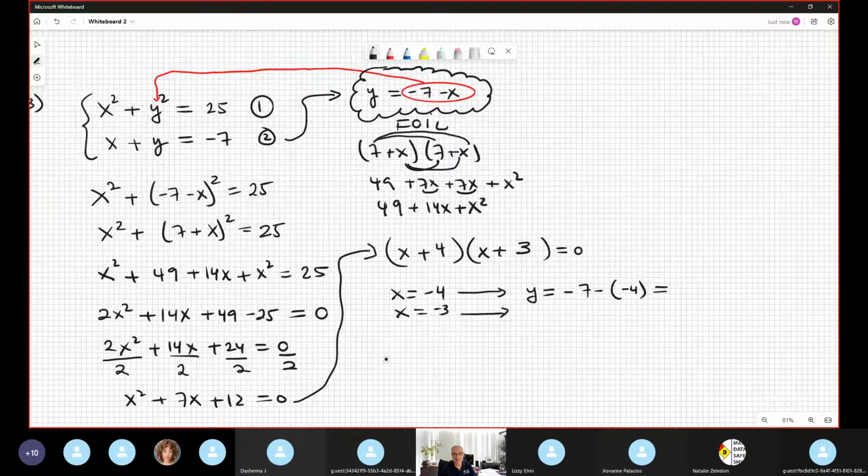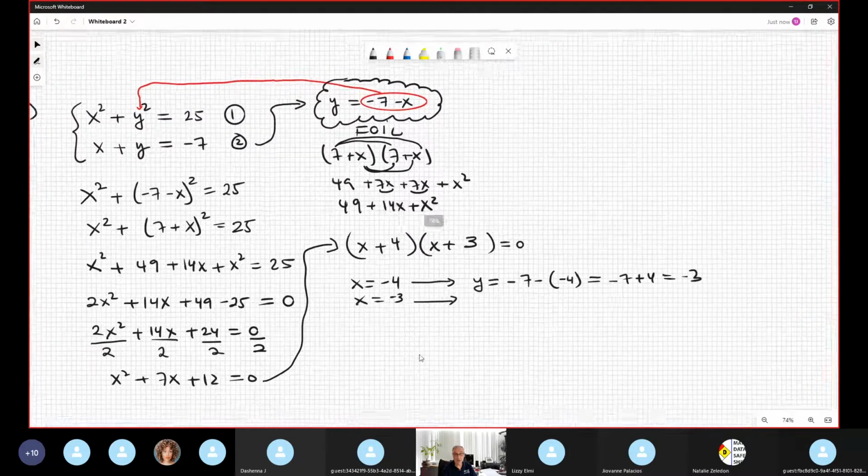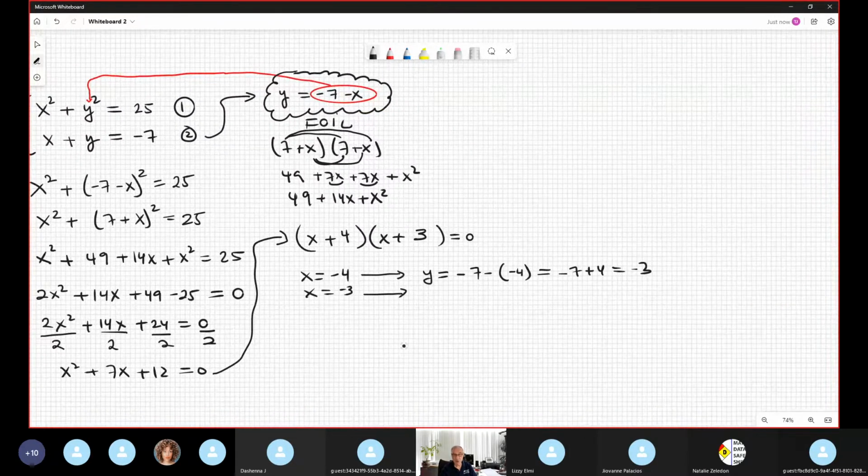You replace x with negative 4. Double negative becomes positive, negative 7 plus 4, negative 3. So the conclusion is one solution is the point negative 4, negative 3.